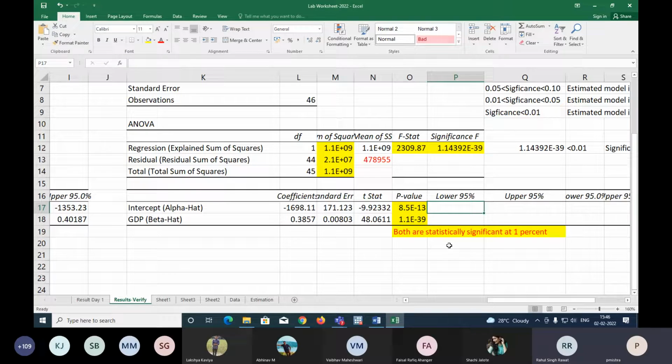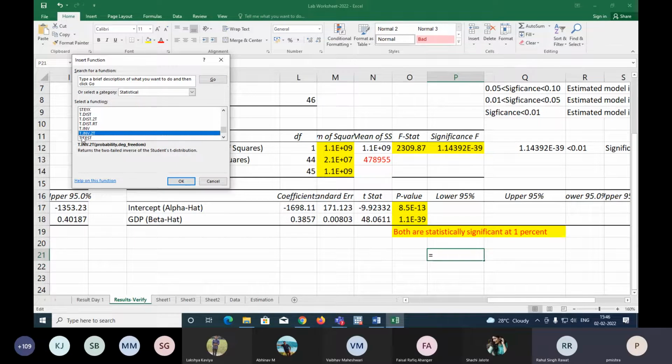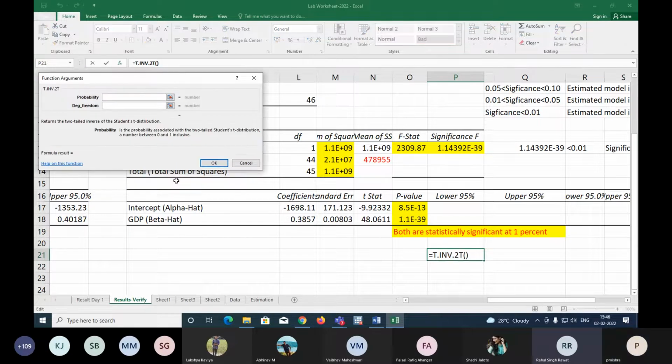For that, there is a function, or you can consult the book also. I'll show you how to use the table that is given in the book. But here you can go for T inverse two-tail.